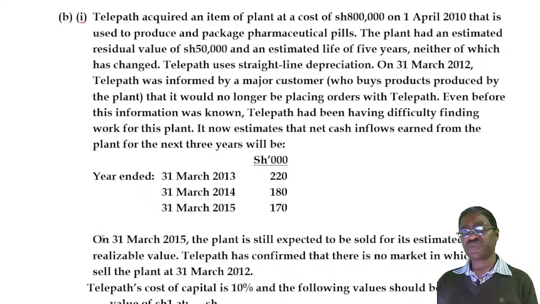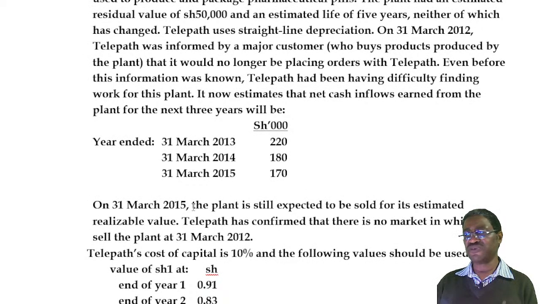Next paragraph. On 31st of March 2015, at the end of that third year, the plant is still expected to be sold for its estimated residual value. Telpath has confirmed that there is no market to which to sell the plant.